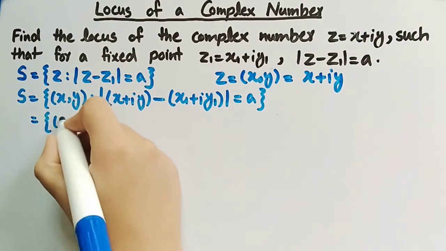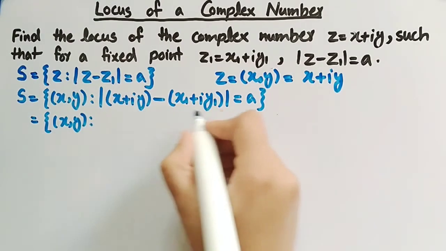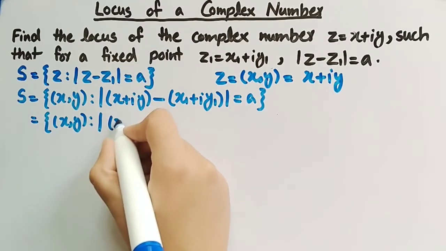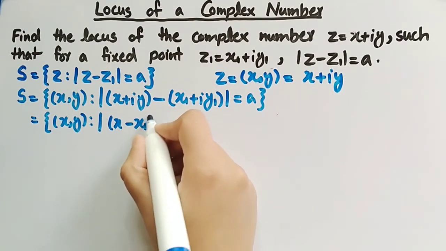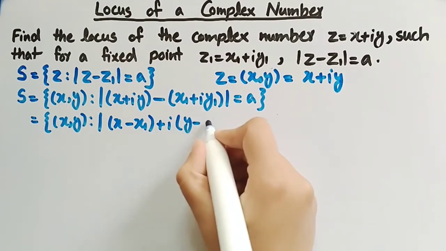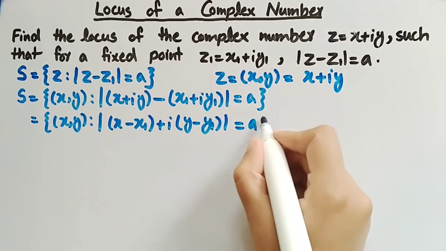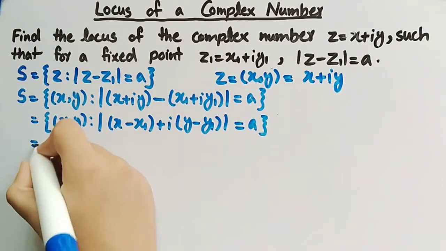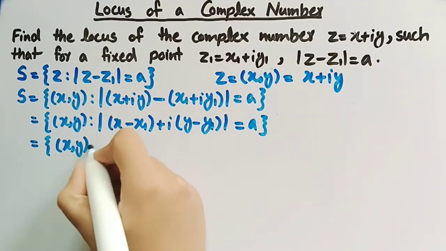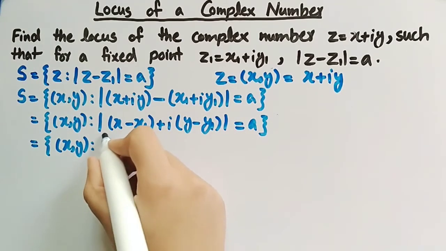Now we will rearrange the values of z and z1, and we will get mod of (x minus x1) + i(y minus y1) is equal to a. Now we will take the mod of this complex number, and we will get a square root.